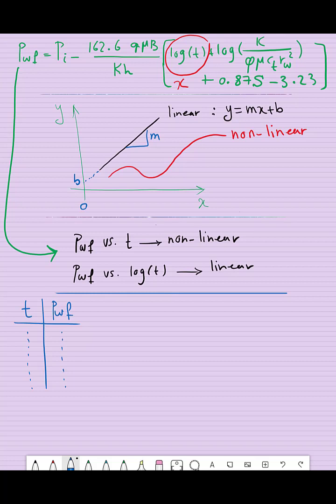So I'm gonna plot this. So this comes from test. This test gives you this.